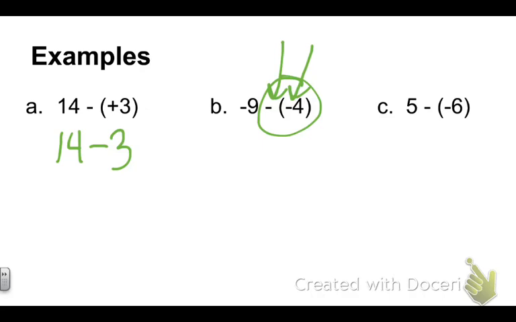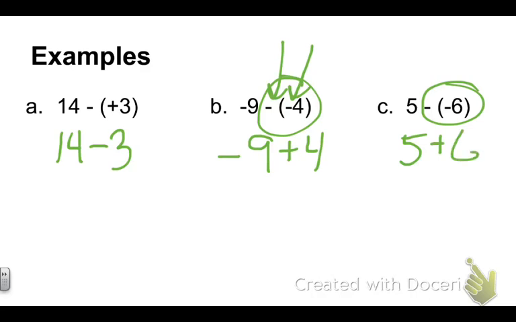So we've got negative 9, and the opposite of a negative is plus 4. And then our last example, same thing. The double negatives, the opposite of a negative is a positive. And the same works for over here in our first example. What's the opposite of a positive? Well, the opposite of a positive is a negative. Okay, so that works with all of them.